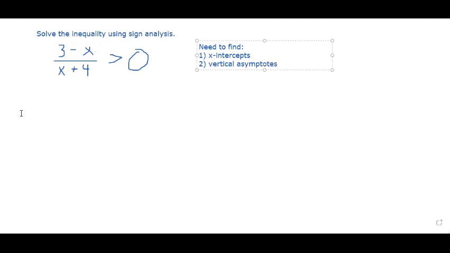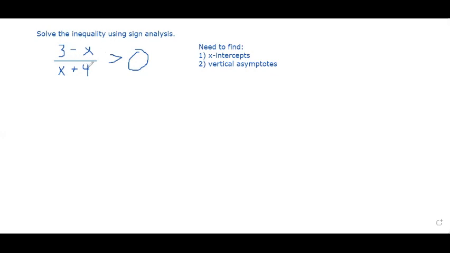If we are able to find these features, then we will have an easier time solving this inequality.